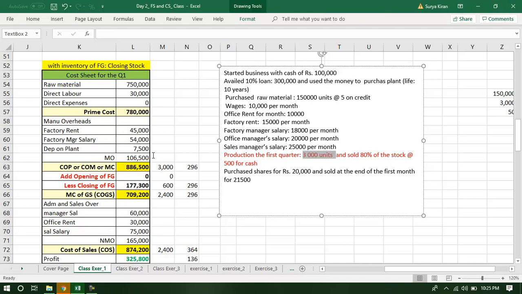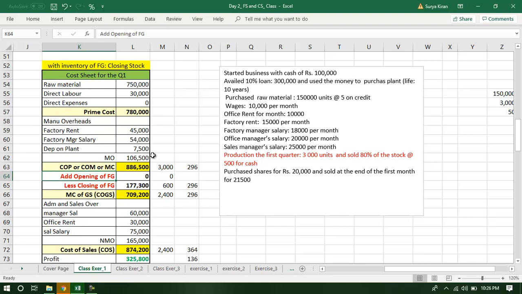And we sold only 80% of the stock. So that means 20% of the stock remained unsold, which is the closing stock of the finished goods. If there is a closing stock of the finished goods, if there is an inventory of finished goods, the opening stock and closing stock of finished goods need to be adjusted after calculating the cost of manufacturing.